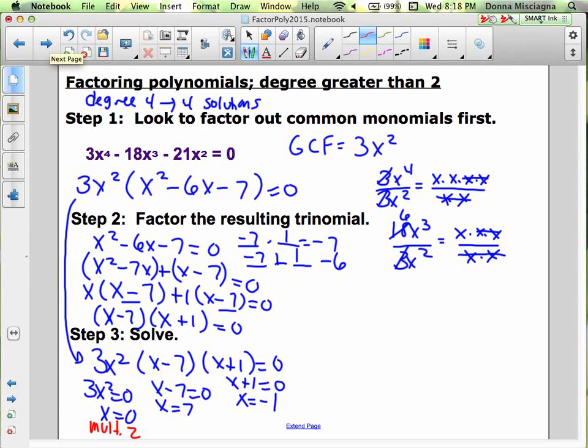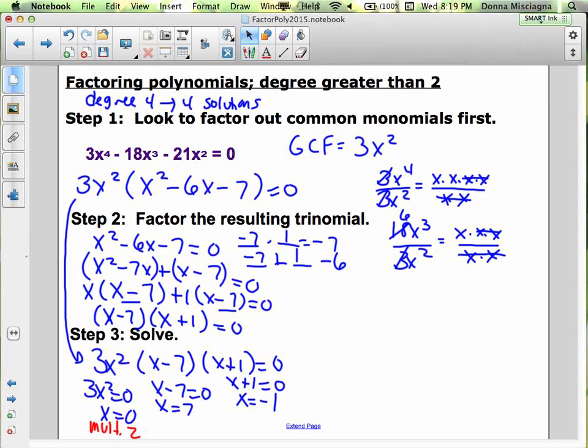And if you think about it, an x equaling 0 and an x squared equaling 0 are very different things. If we have the graph of y equals x, that's just a line. But y equals x squared, that's a parabola. So this one is multiplicity 2 because there's 2 factors of x. If there's an x squared that's equaling something, then there's 2 of that something. So there's 2 zeros there.